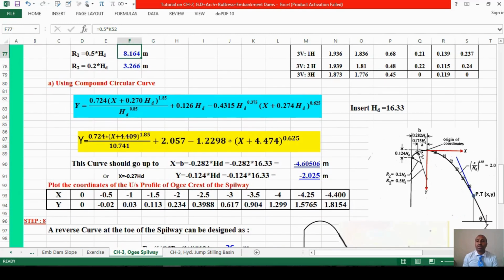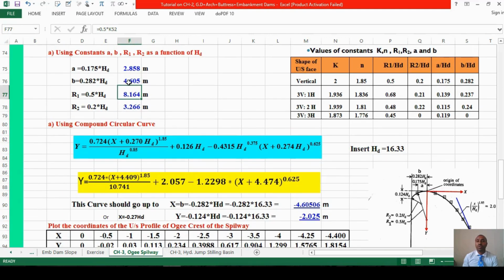So for upstream, you go a distance A, up to the R1 distance. Once you plot this point, then for R1 you go in this direction. Clear? Similarly for R2, you go to the B distance, 4.6, then plot this point.